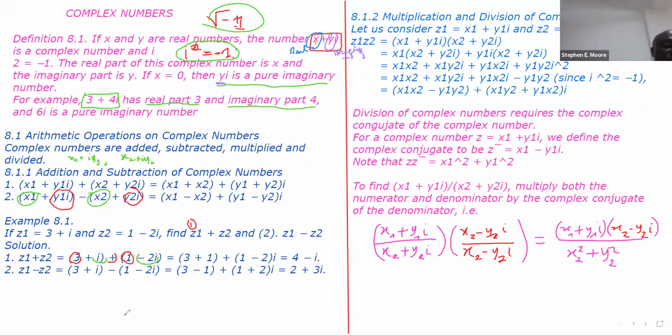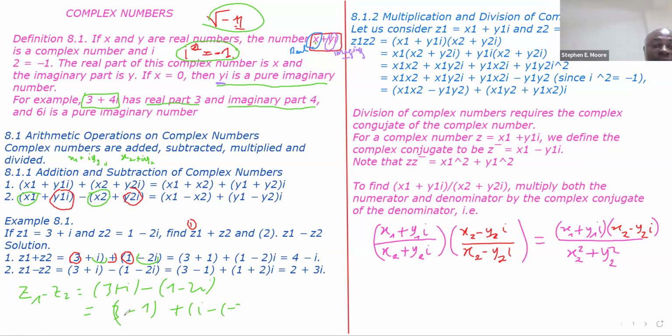z1, you take z2, then you just write 3 plus i, and then you say 1 minus 2i. And so here the sign is critical, right? And then 1, and then you also have plus your i, and then you have the sign here also, but this is minus, and then this is minus 2i.